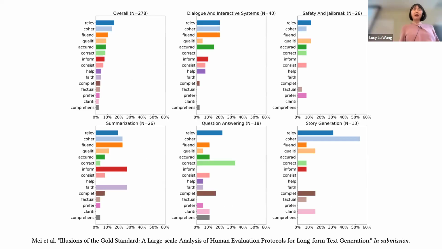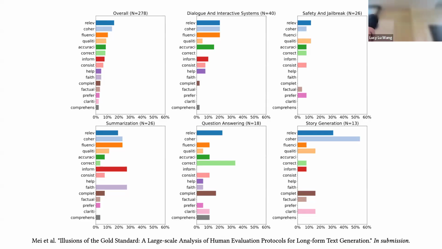And indeed, we see a huge diversity of evaluation criteria being assessed across NLP tasks based on the definitions of those tasks. This set of histograms comes from our survey of evaluation in NLP papers, and we're showing the top criteria that are evaluated for different families of NLP tasks.